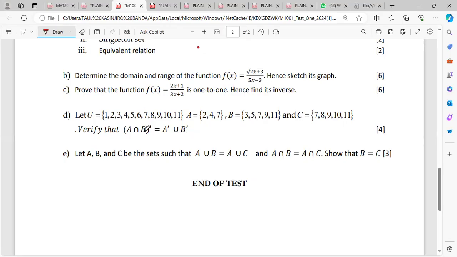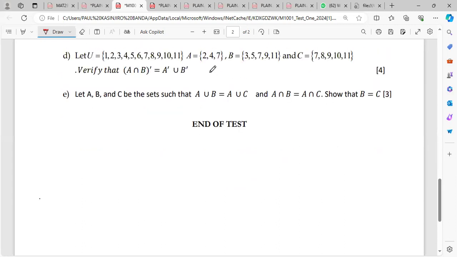Okay, so here we're first going to find A intersection B. Let me list it here. Elements that are both in this set and that set, we can see that it's just 7, right? Okay, so this will be 7. And so it means that the complement of A intersection B will be all the numbers in the universal set apart from 7.